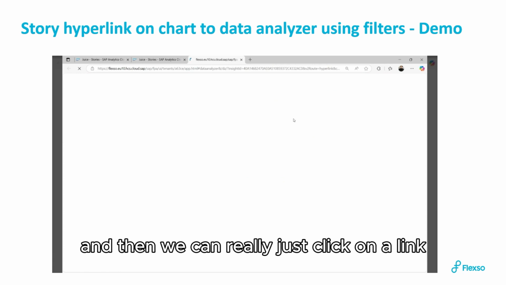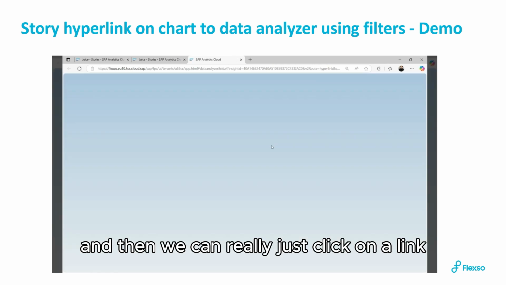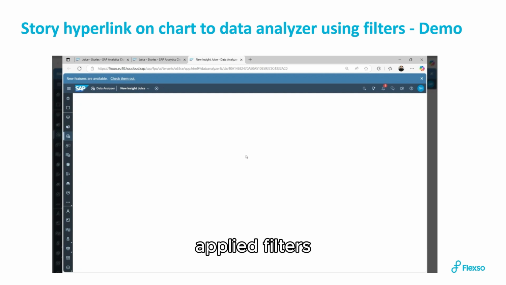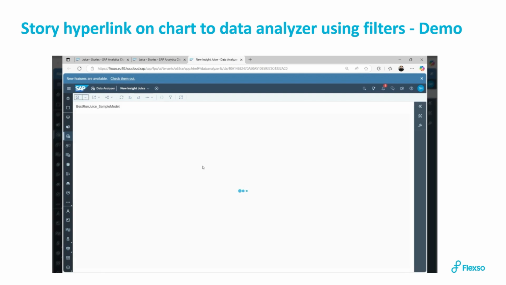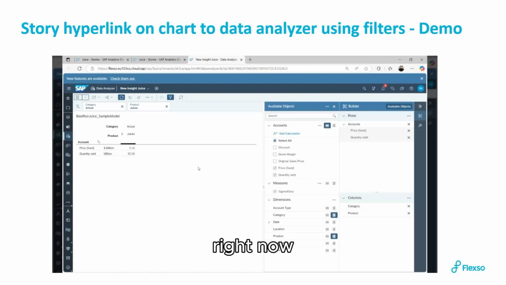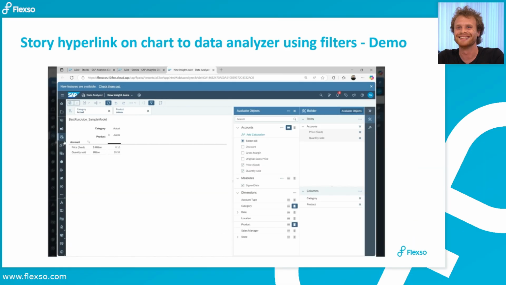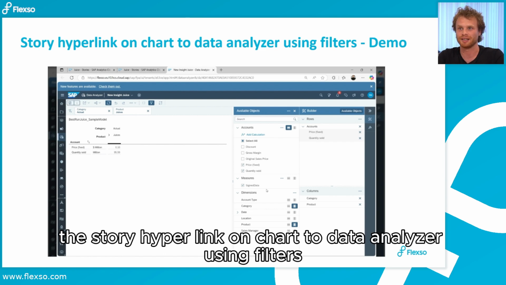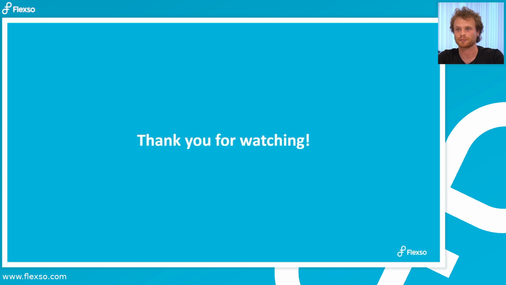And then we can just click on a link, which will go directly to Data Analyzer with already applied filters, as one can see right now. So that's in short the story hyperlink on chart to data analyzer using filters.